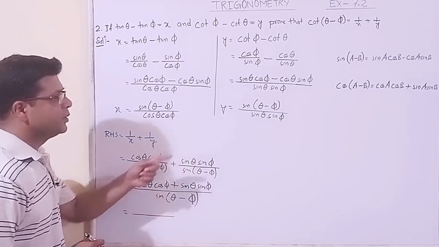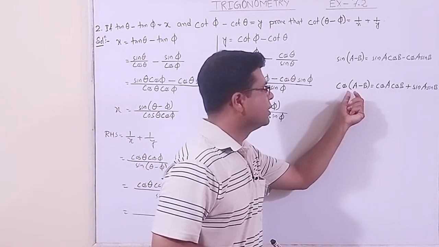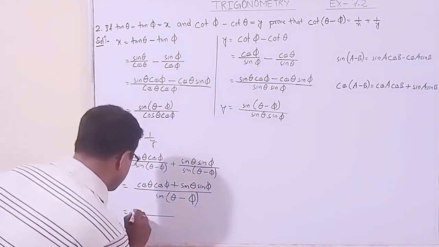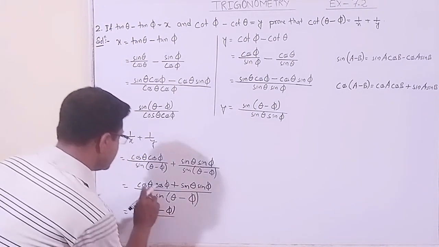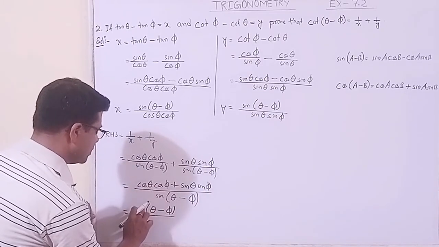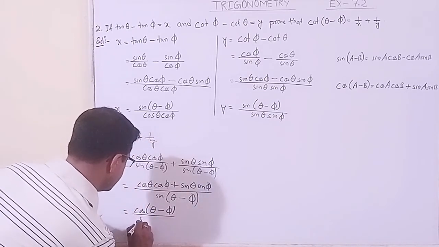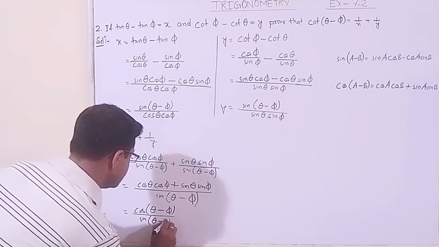So if this is so, we can write this is of cos in the form cos A minus B, cos A cos B plus sin A sin B. Here A is theta, B is phi. So cos of A minus B divided by sin of theta minus phi.